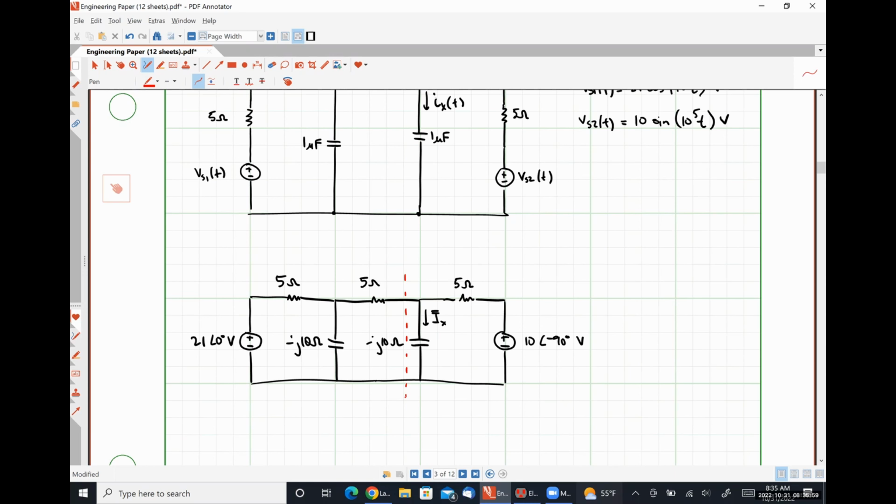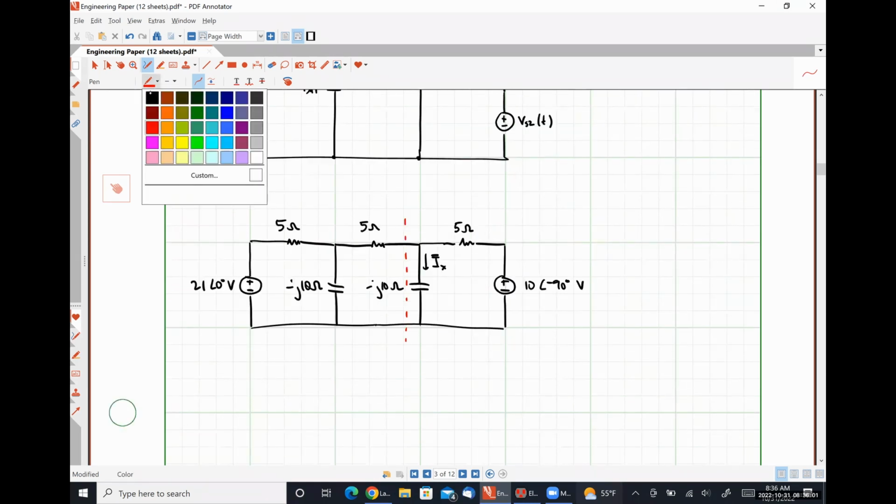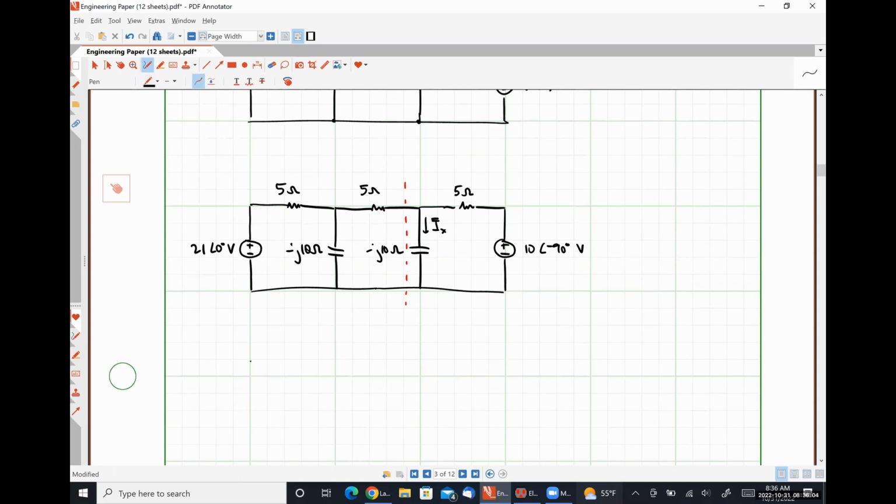Okay. So our left-hand network looks something like this, where this is our Thevenin equivalent voltage.